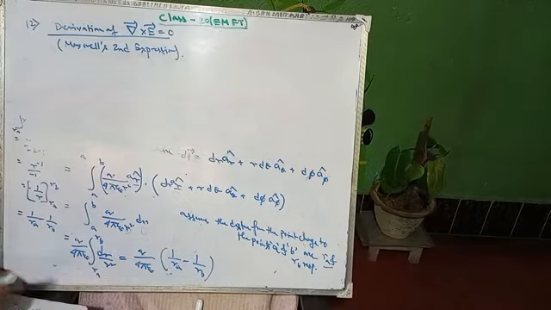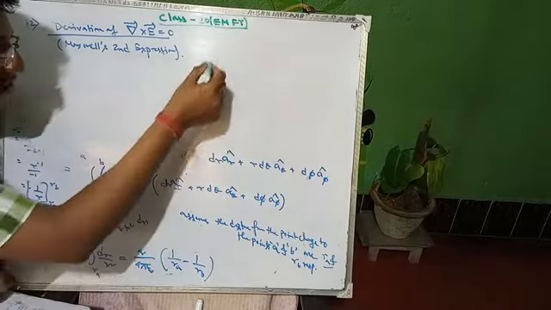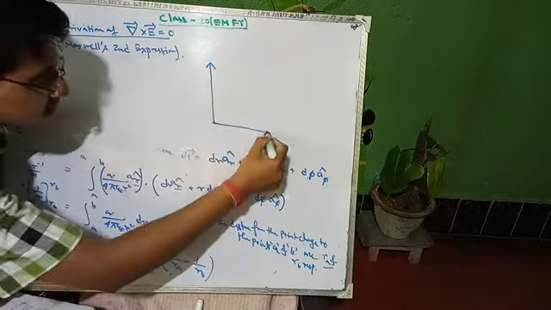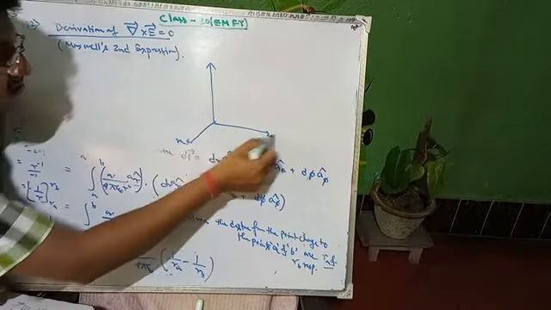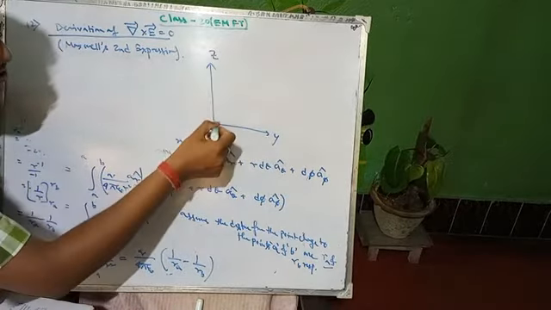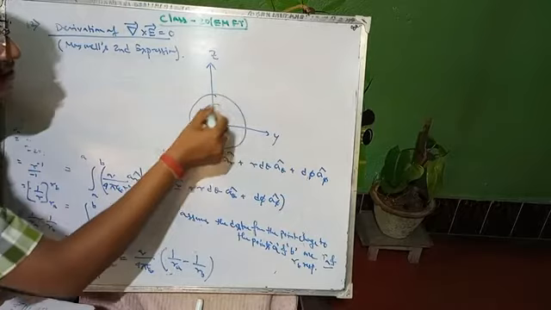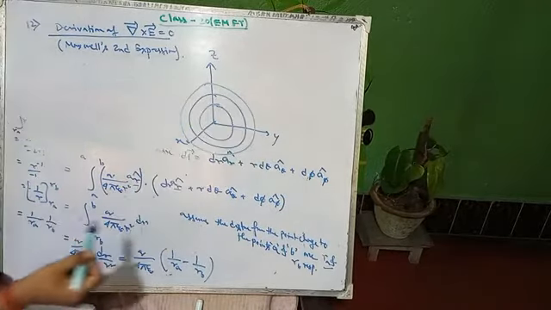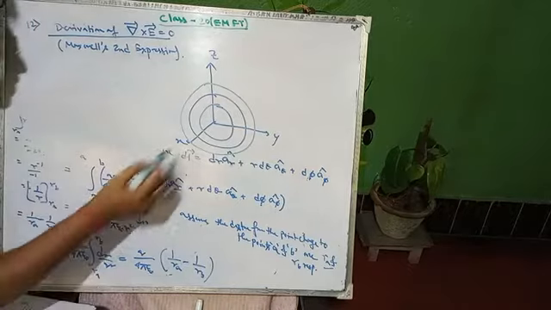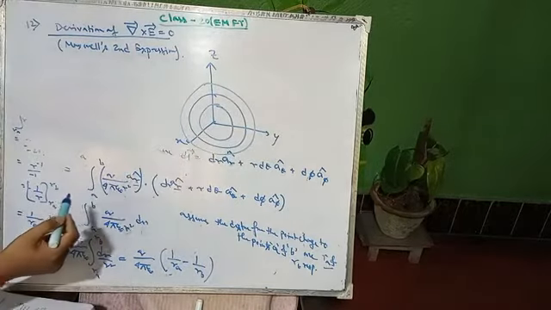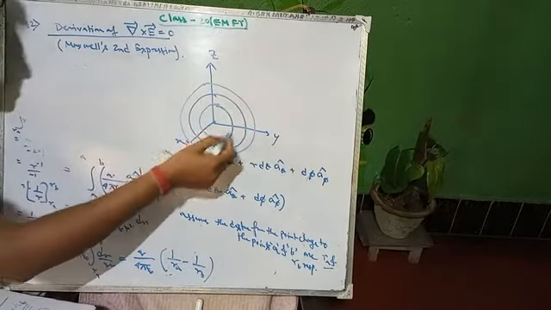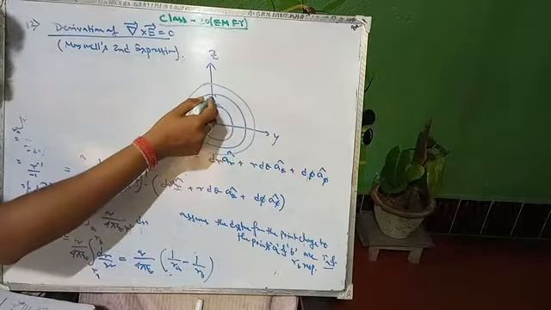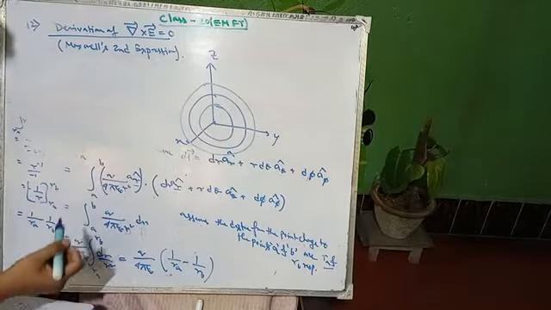If we consider a coordinate system x, y and z, and take a sphere for different radii, it becomes unipotential as well as uniform intensity at that distance.